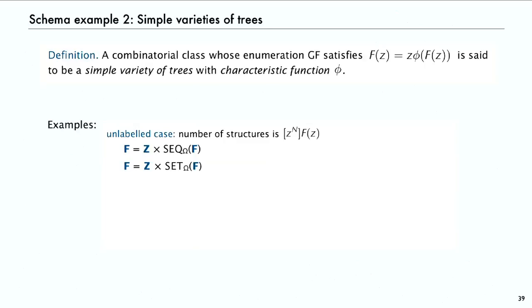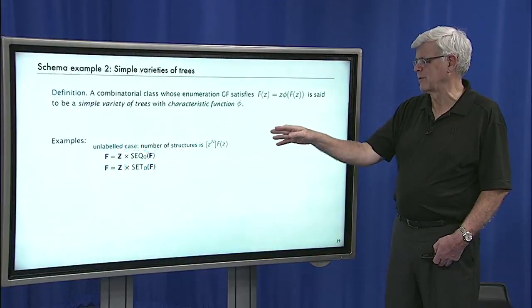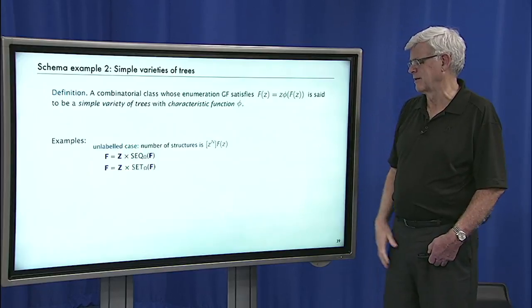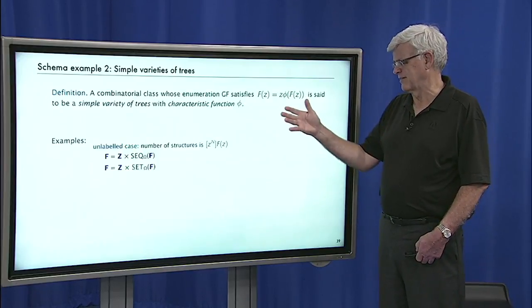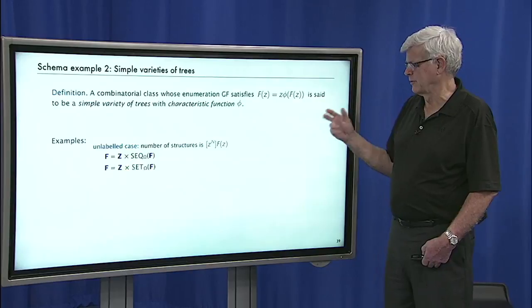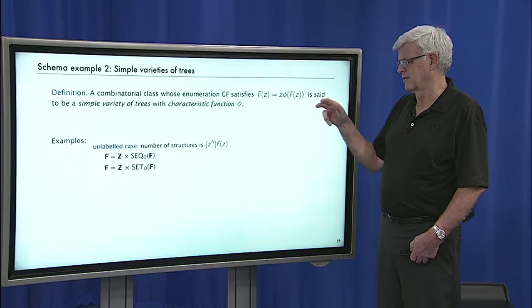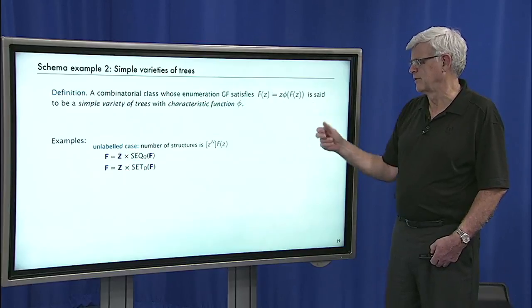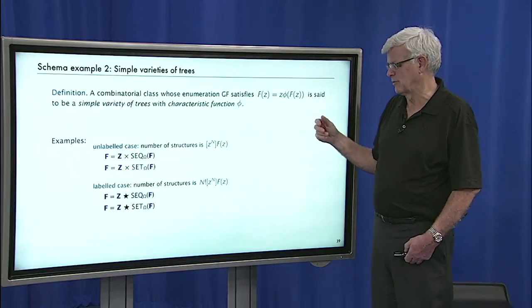So for unlabeled, then it's coefficient z to the n of f of z is the number of structures. And then we have constructions like z times sequence omega. So sequence omega just means omega is a set, and you pick the ones out of that set that you want, sequence of length k, k1, k2, where they're in that set omega. And we've seen that in plenty of examples.